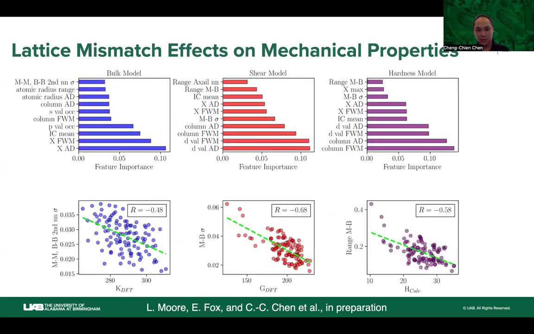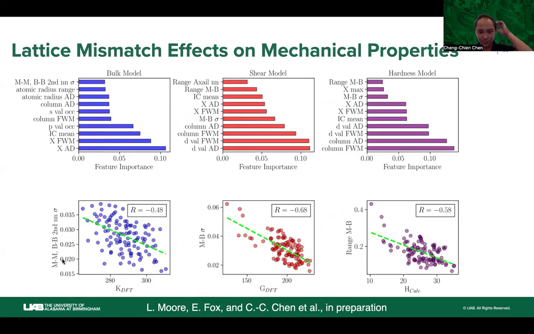From the resulting machine learning model, we can also extract the so-called feature importance. This tells us which features are affecting our resulting target mechanical properties. I plot the important features for the bulk, shear, and hardness values. I'm not going into detail on each of the features, but I want to point out what we have found interestingly.